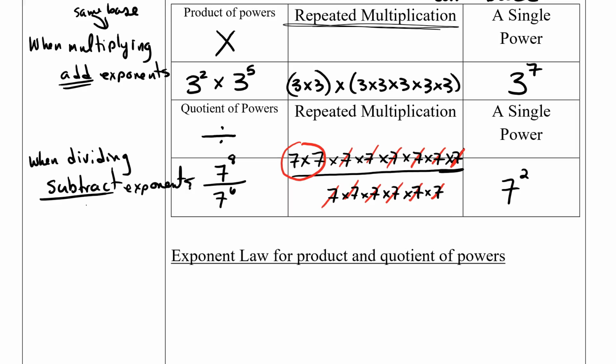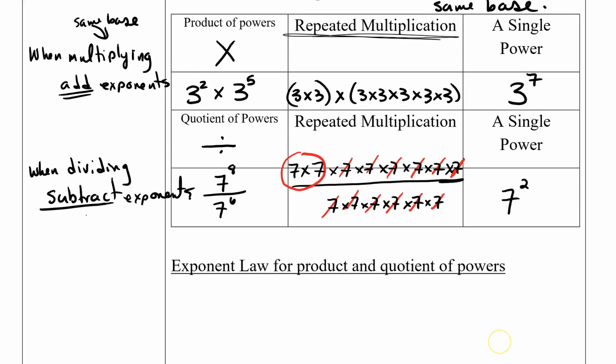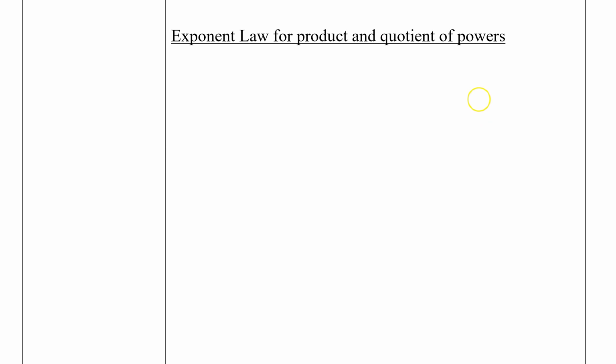Okay, so we're going to define it a little bit more formally here, but essentially this right here is the law. That's all you need to know essentially. But let's write it a little bit more officially.